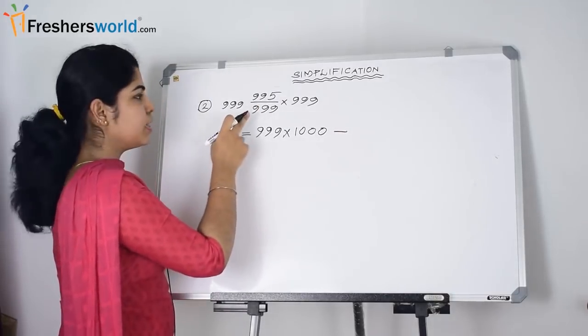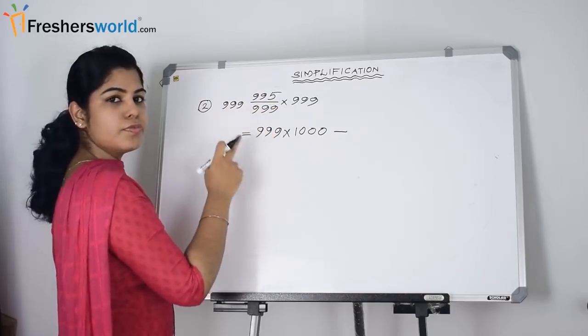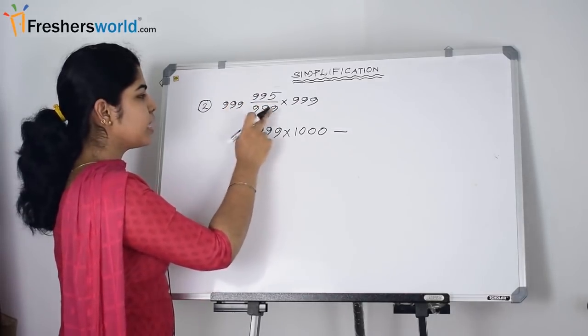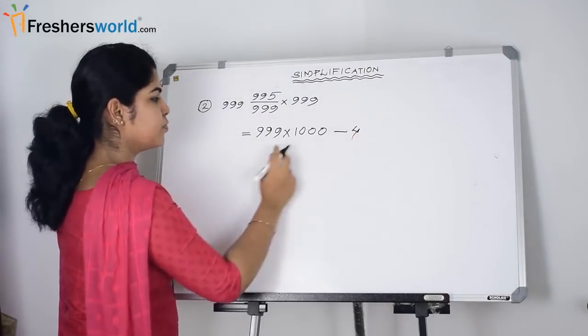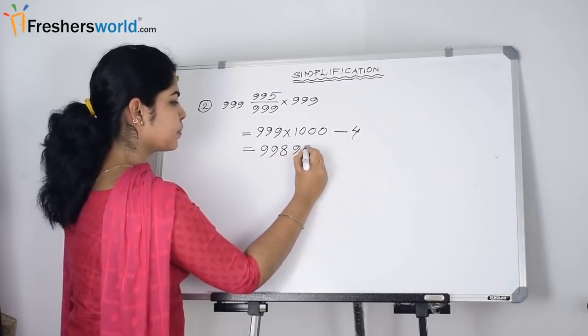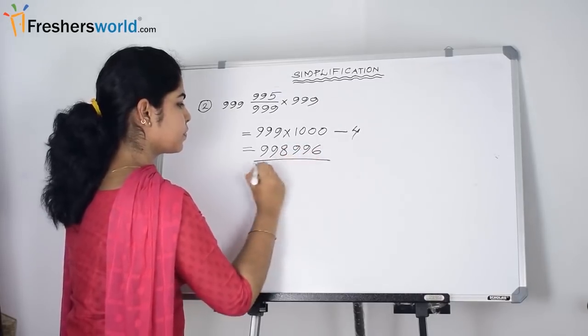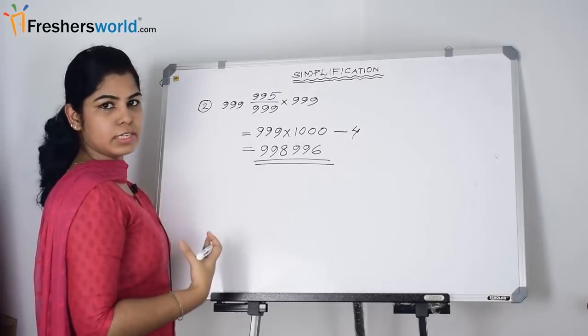Here the added value is 4. See, the numerator is 995. We have to add 4 to make it as 999. So we are subtracting 4 and the final answer is this. So let us move on to next question.